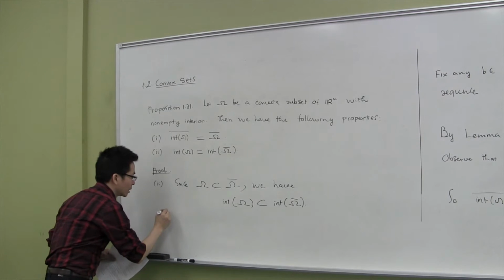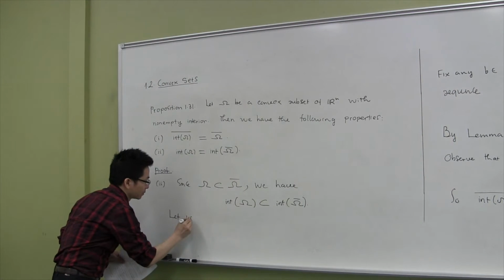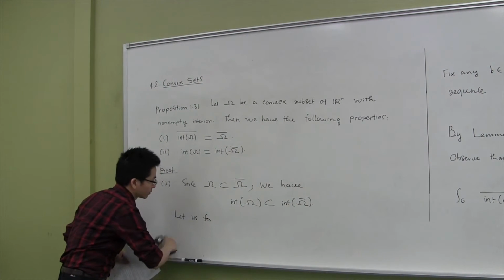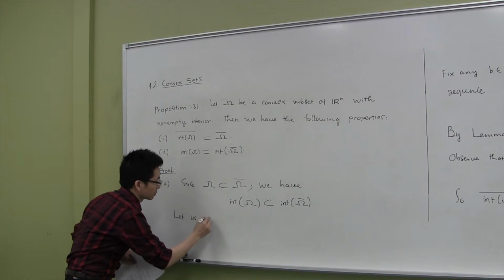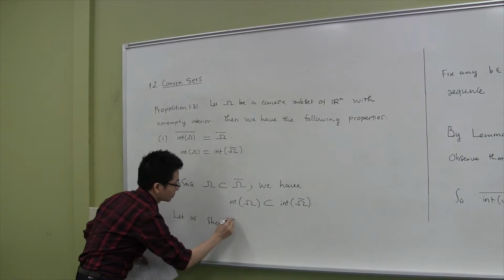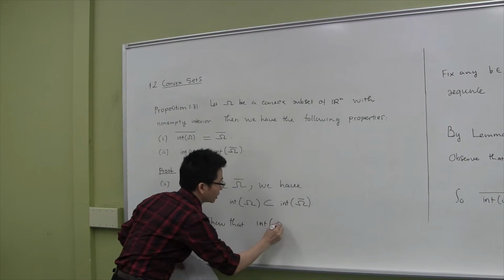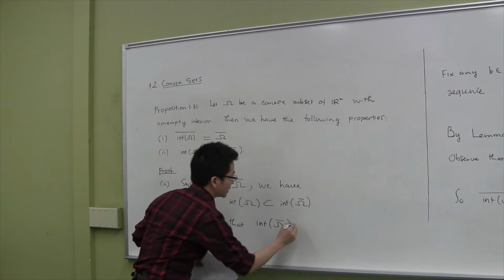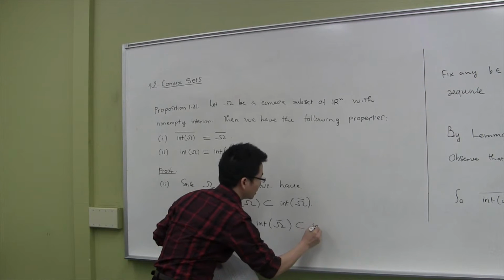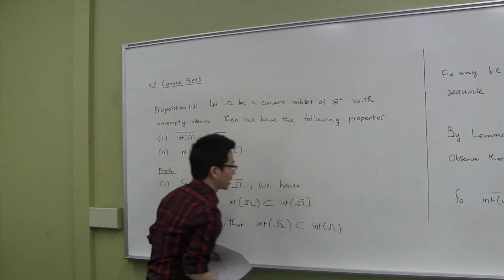So let us show that the interior of the closure of omega is a subset of the interior of omega.